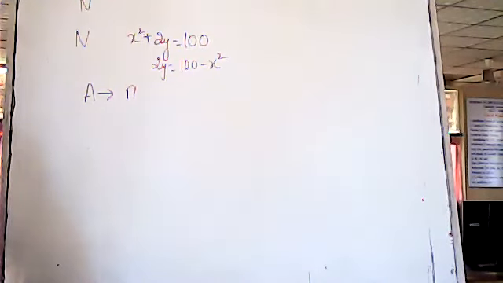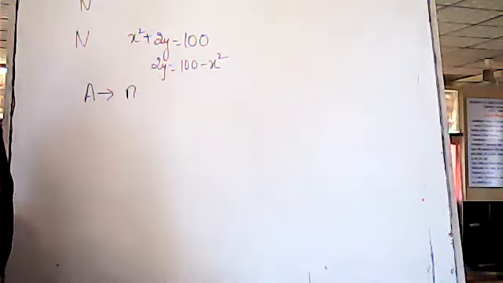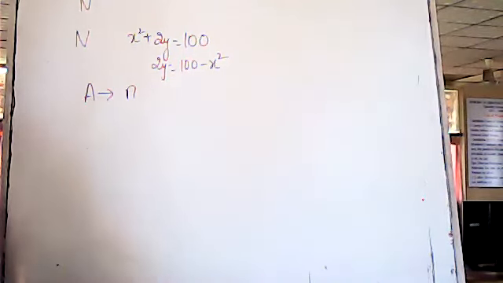I'm again repeating the question, beta. If A is the set containing n elements, find the number of relations from A to A.